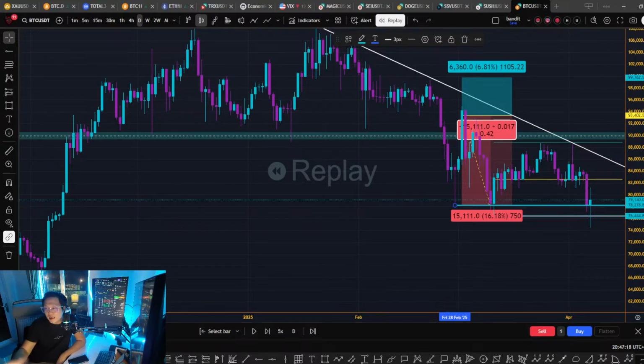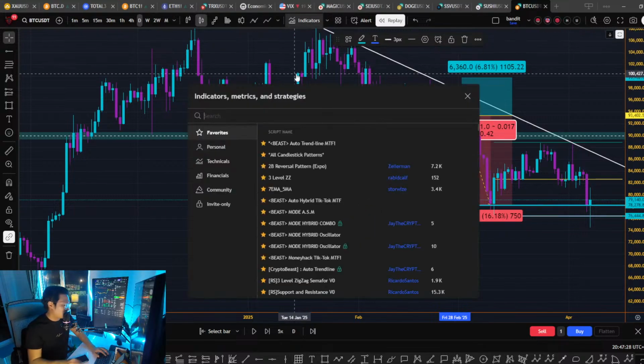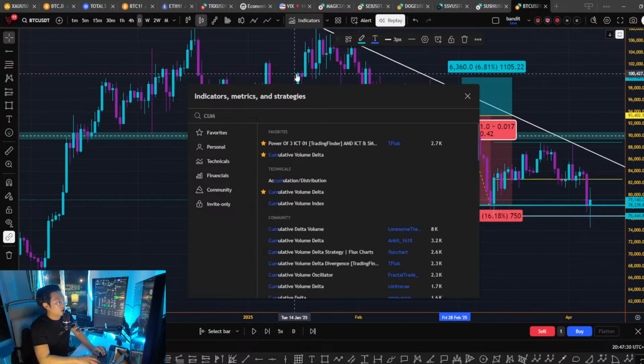So in here, we also can use one indicator, a cumulative delta. This is cumulative volume delta.